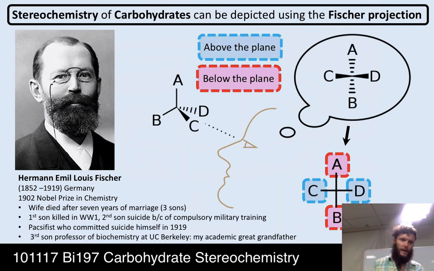This guy had a pretty interesting life. I'll just give you a little bit about his life, which I find interesting. He won the Nobel Prize in 1902 for his work on carbohydrate chemistry. He was really one of the first true carbohydrate chemists. He and his family were deep pacifists.